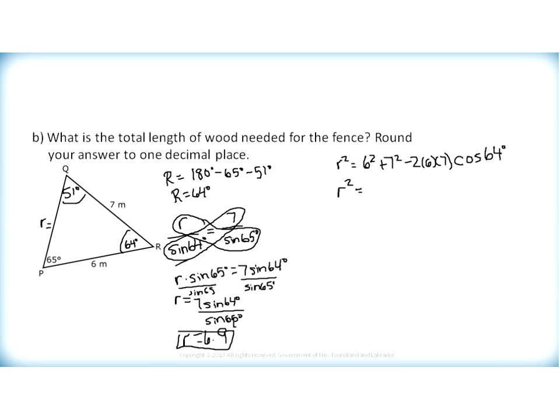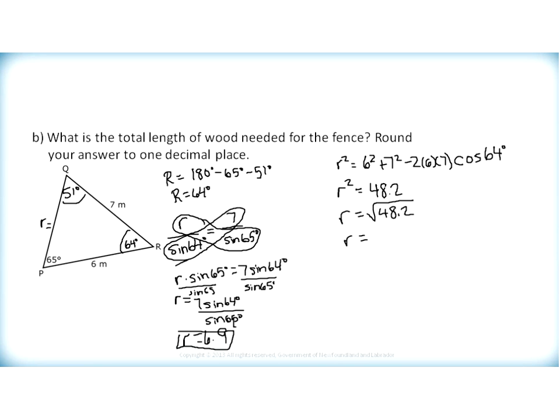So using cosine law, I can type that in exactly as I see it on my calculator. 6 squared plus 7 squared minus 2 times 6 times 7 times cos 64 degrees. Tells me that r squared is equal to 48.2. To get r, I'm going to need to get the square root of 48.2.